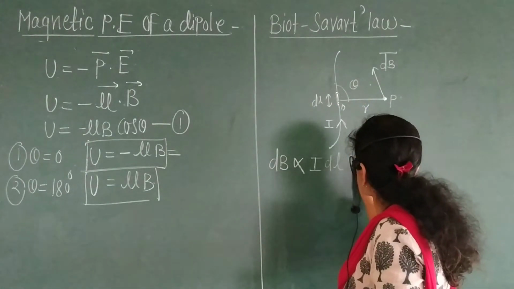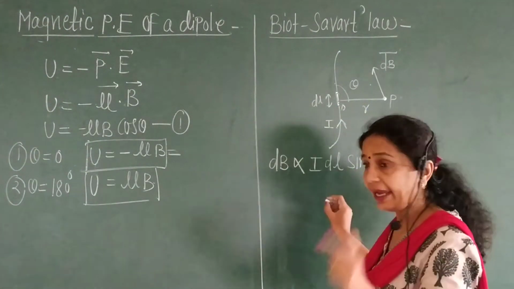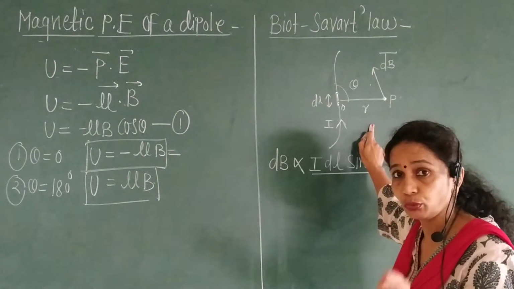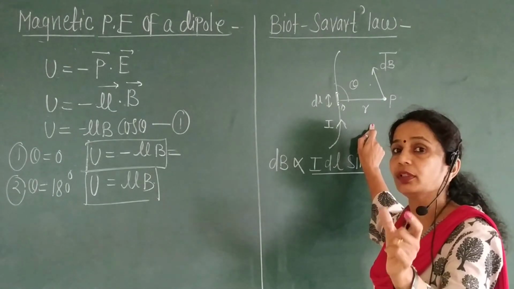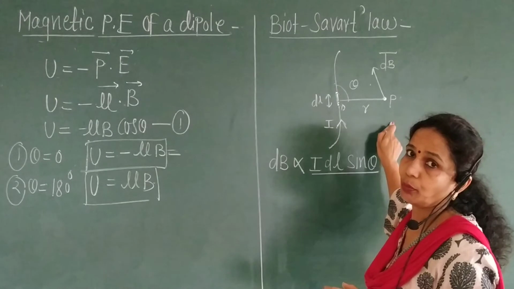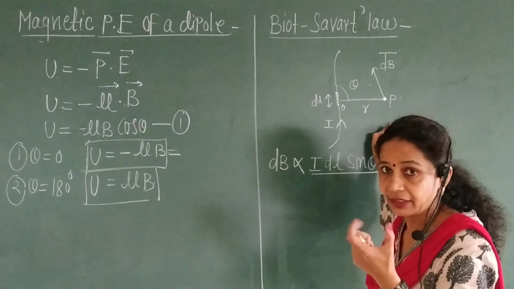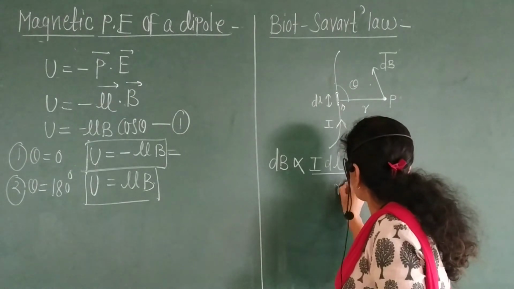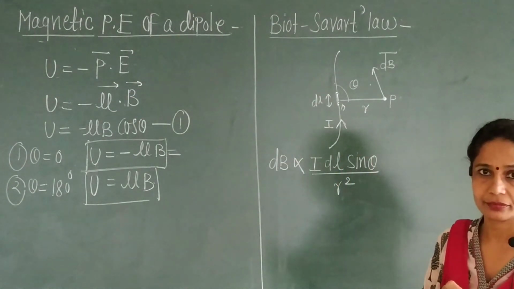Therefore it is sine theta, and it is inversely proportional to the square of the distance between the element and the point P. That distance is r, and we take its square, so it is r square.